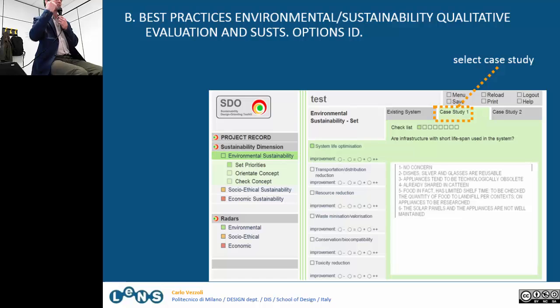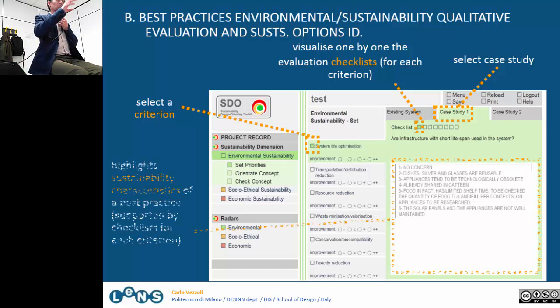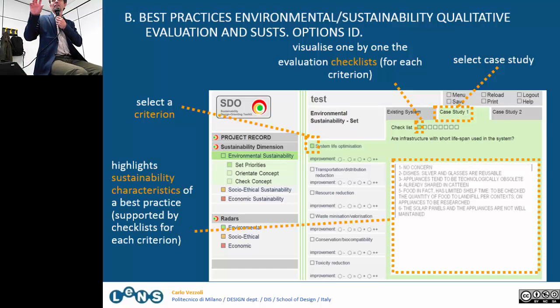So you highlight which are the positive things, and maybe even the negatives, because it's not so that everything is fine over there. So again, you go through the different checklists, and then you are able to write a kind of short report divided per criteria for each of the best practices that you decided to do.